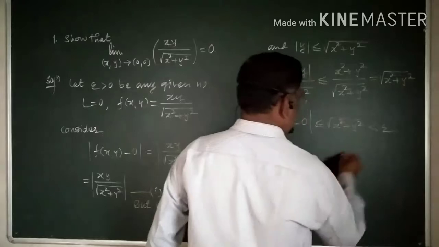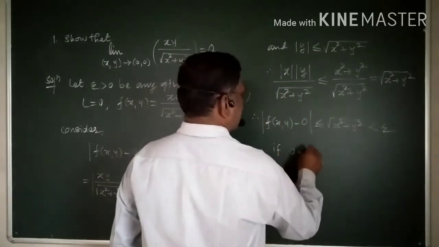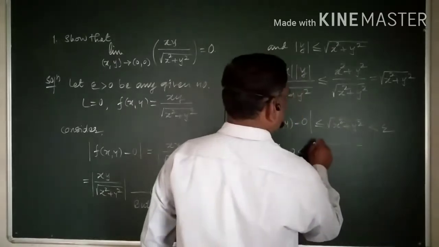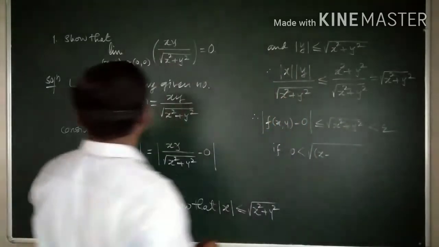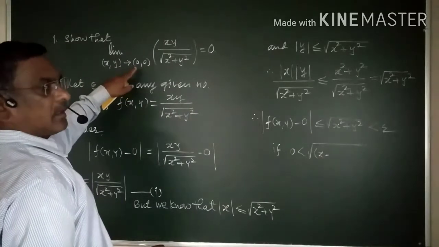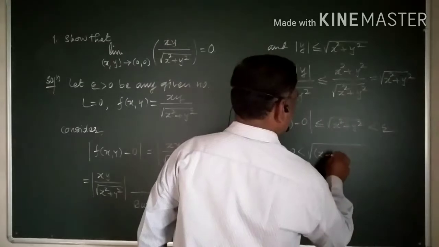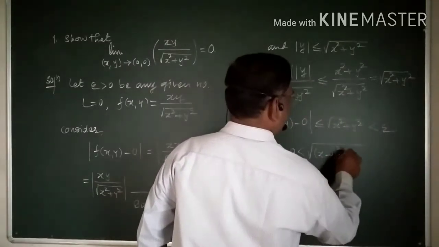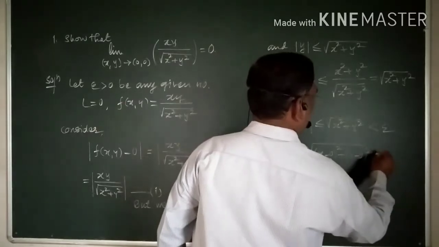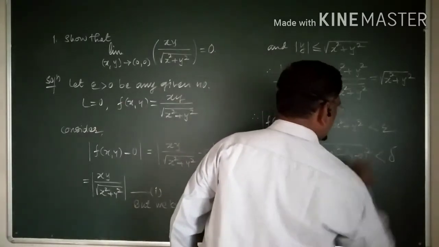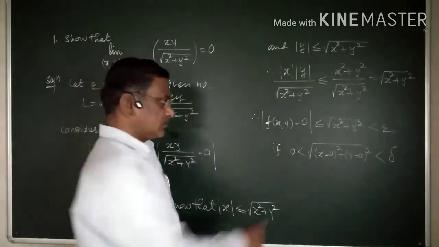This is there if 0 is less than root of x minus, our point is AB, where A is 0 and B is 0, therefore x minus 0 square plus y minus 0 square, which is less than delta.